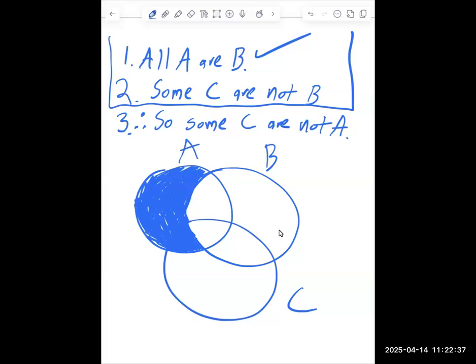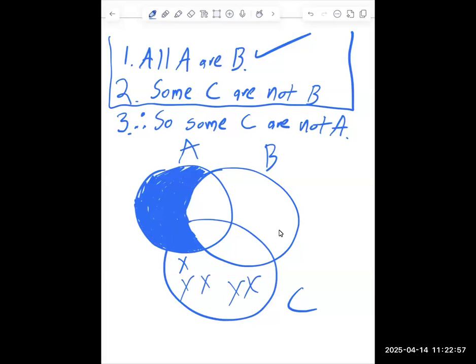Nothing can go there. Whatever we put in C, our opponent can put it wherever she wants. Wherever she puts it, it's always going to be outside A, right?